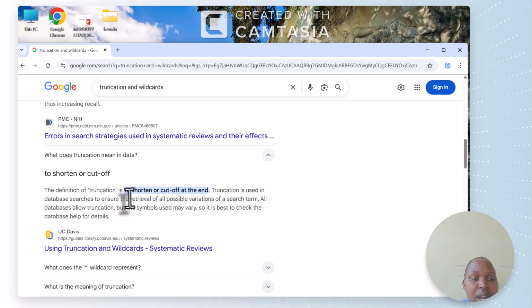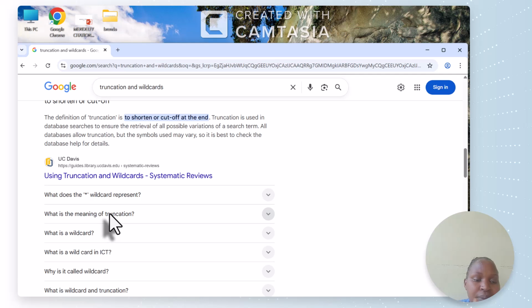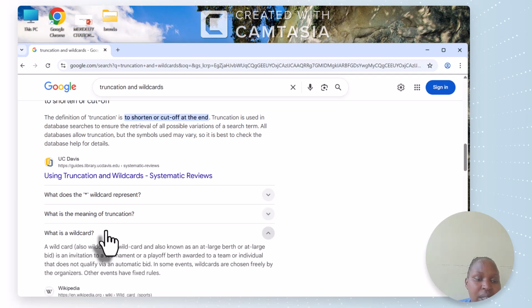All databases allow truncation, but the symbols used may vary, so it is best to check the database first when using truncation.